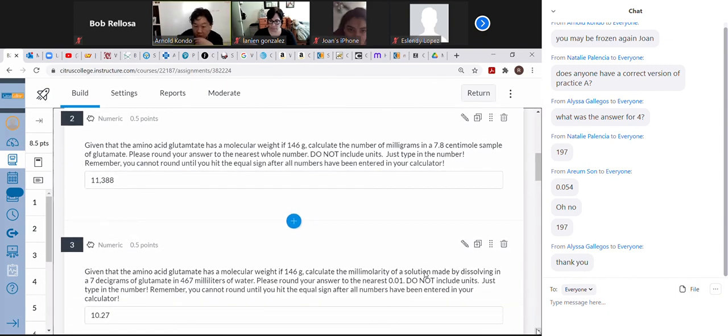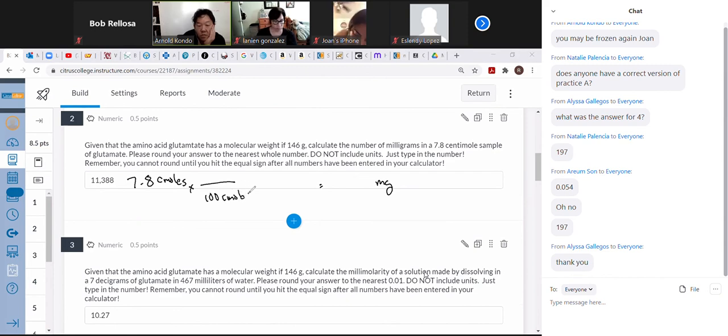So we're looking at a straight conversion problem, because all we're doing is going from 7.8 centimoles, and all we want is an answer in milligrams. So no molarity problem, you just have to convert 100 centimoles to 1 mole, and convert 1 mole into grams.